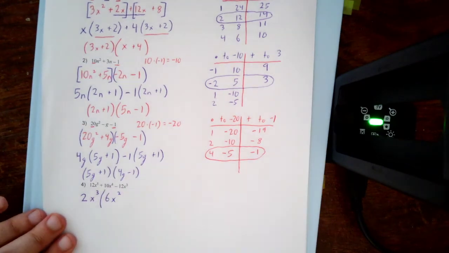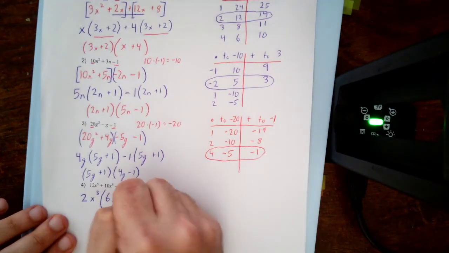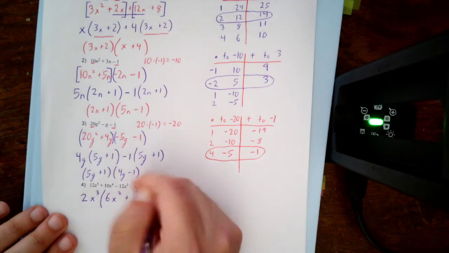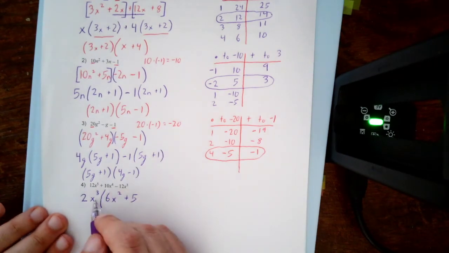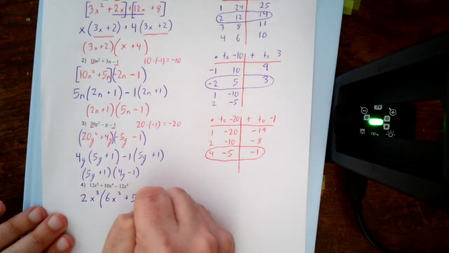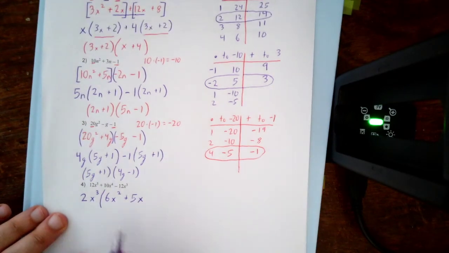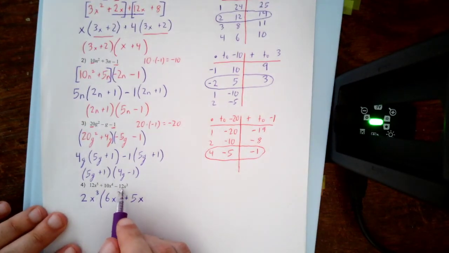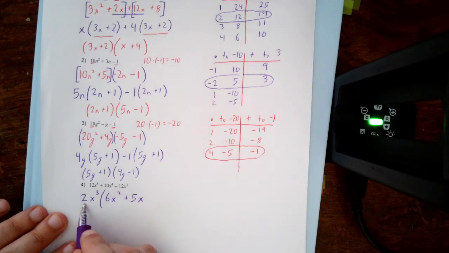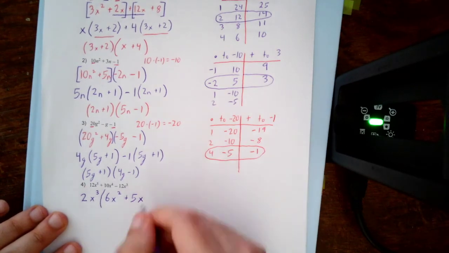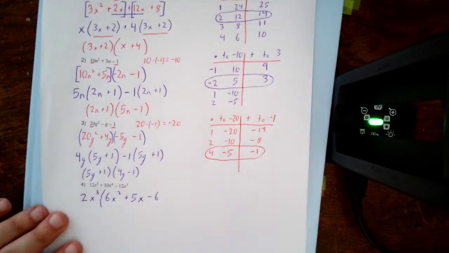10 divided by 2 in my next term would leave me with 5. X to the fourth, factoring out the x to the third, would leave me with x. And then the last one, minus 12x cubed, factor out 2x cubed, 12 and 2 make 6 when you divide them.